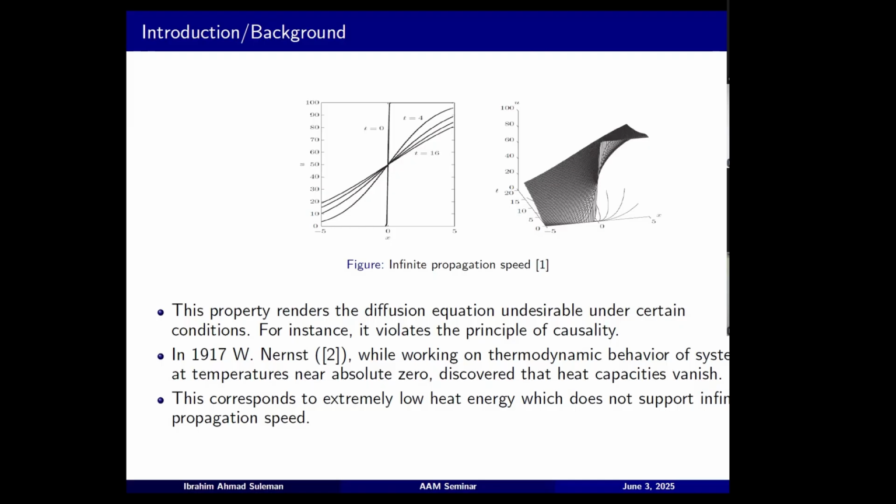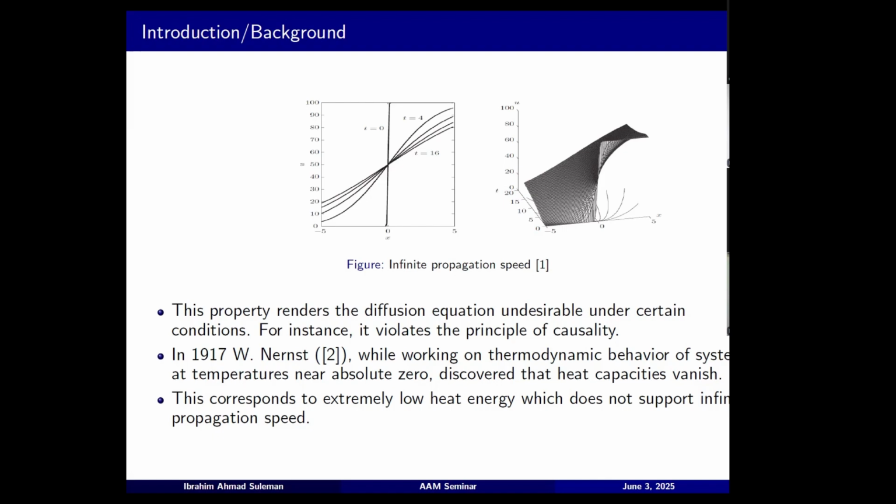Now, this is not the only consideration that makes the diffusion equation undesirable in some sense. In 1917, there was a work by Walter Nernst on the thermodynamic behavior of systems when the temperature is almost negligible, near absolute 0, that is. Walter Nernst discovered that heat capacities tend to 0 when the temperature is near absolute 0. But heat capacities are proportional to heat energy, which is responsible for propagation.